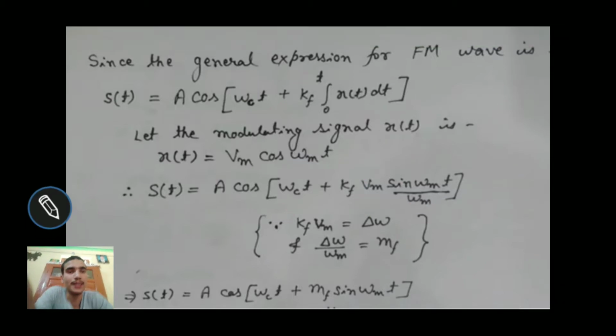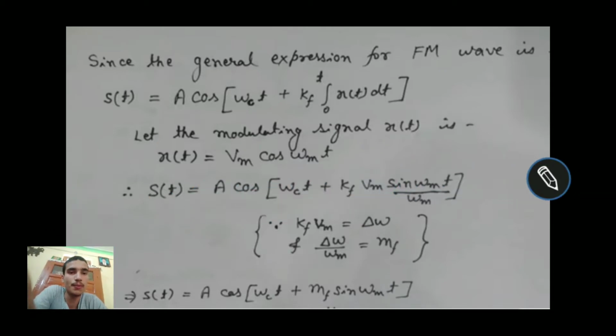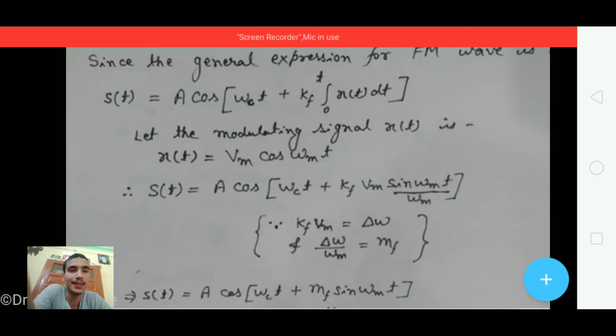We also know that kf into Vm is equal to delta omega, and delta omega upon omega m is equal to mf.